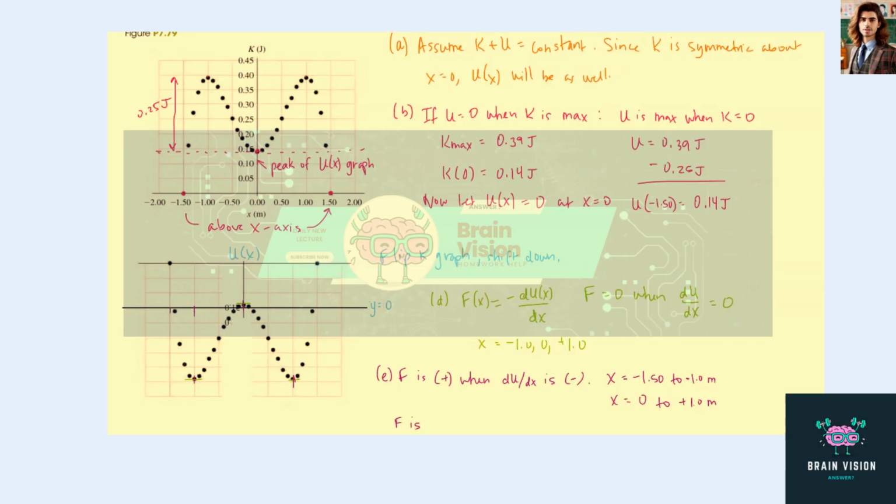And likewise, F is going to be negative when dU/dx is positive. So from x equals negative 1.0 to 0 meters, and then from 1.0 to 1.5 meters.